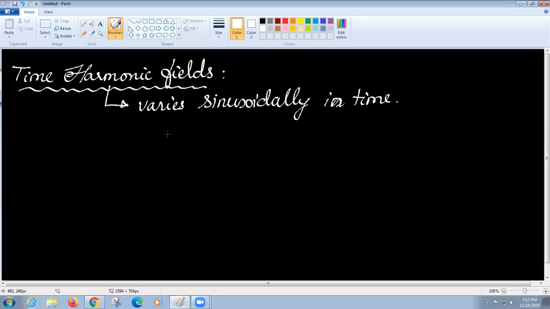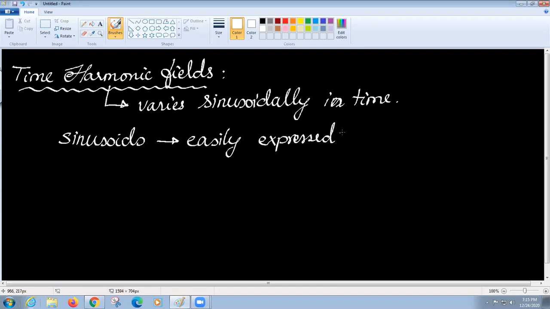waveforms by Fourier analysis. And also, when you have sinusoidal variations, these sinusoids are easily expressed in phasors.